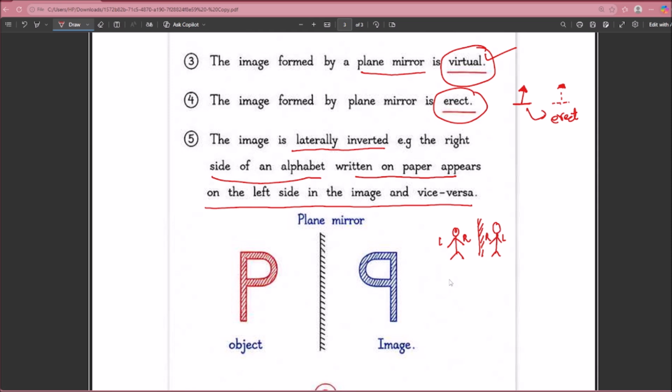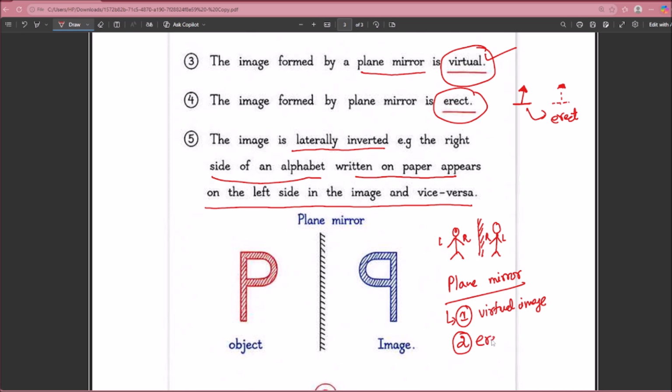So what are the important points in the plane mirror? Number 1, virtual image. That means we have to trace back behind the mirror to find the exact position of the image.